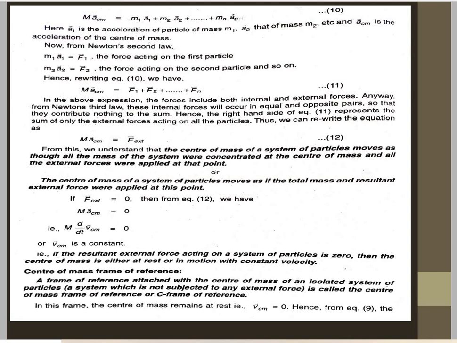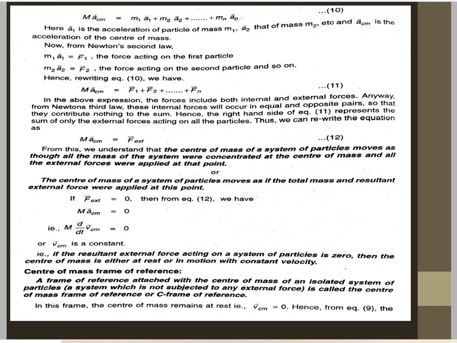Okay, the center of mass of a system of particles moves as if the total mass and the resultant external force were applied at this point. So if the external forces vanish, what happens? m into a_cm will be equal to 0, or m into d by dt of v_cm is equal to 0, or v_cm is a constant.